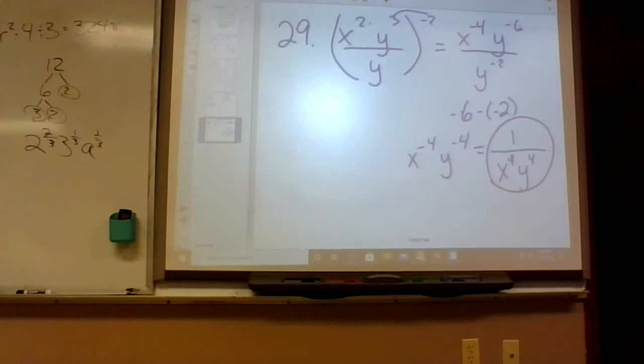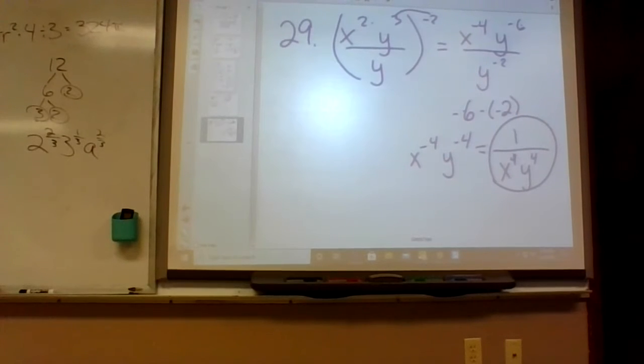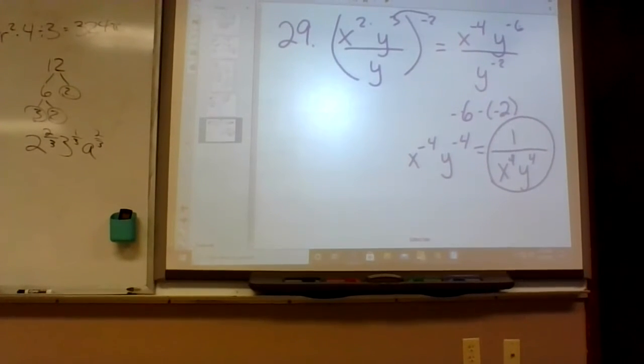Now you can forget about these negatives. Then k to the negative 2 divided by k, so it's negative 3, so it'll be k3 on the bottom.